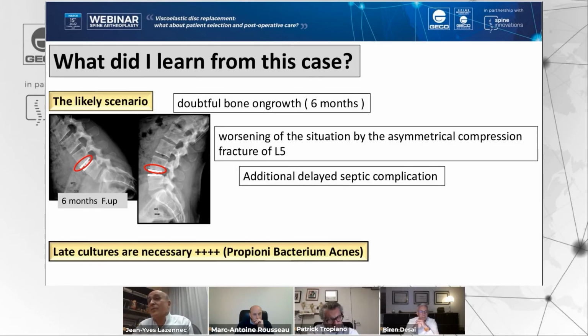So what did I learn from this case? First, the likely scenario was doubtful bone ongrowth. This patient did not accept the brace, and I was very anxious since the beginning. Probably there was a worsening of the situation by this asymmetrical compression fracture of L5 and an additional delayed septic complication. Delayed or not delayed, we had a perfect follow-up.